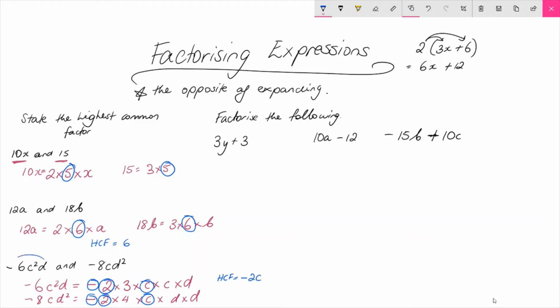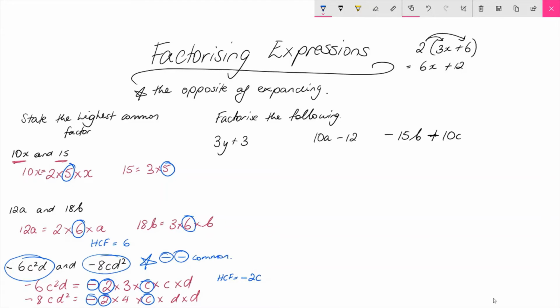So that's what we call the highest common factor. The big thing we have to remember here is that a negative becomes part of the highest common factor.